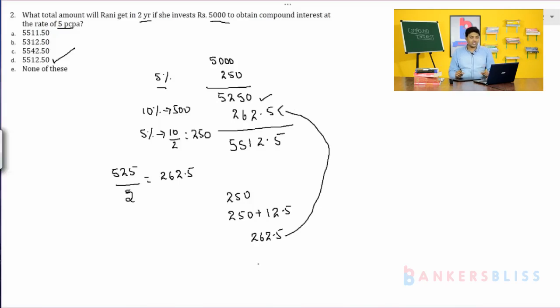Whichever method is easy for you, you follow that one. Sometimes calculating the interest on the previous year's interest amount will be easy. Sometimes calculating the interest directly on the total amount will be easy. It depends upon the problem, and based on practice you can identify which method is the best.